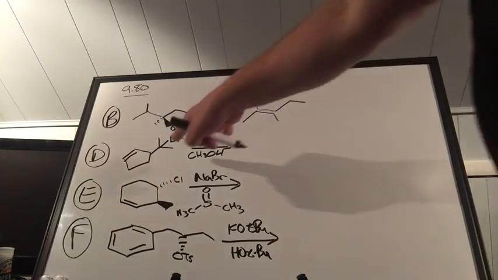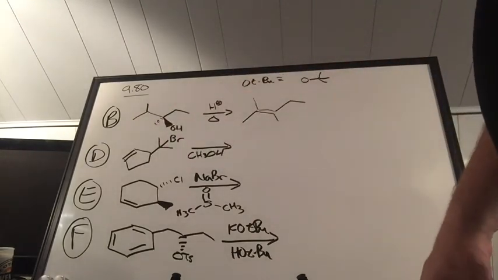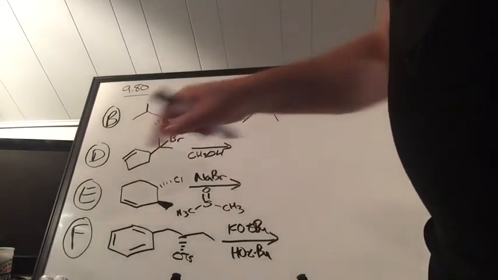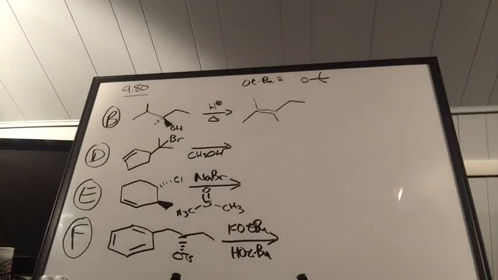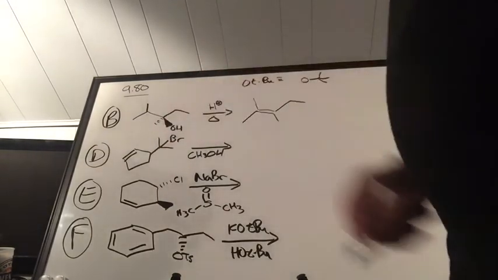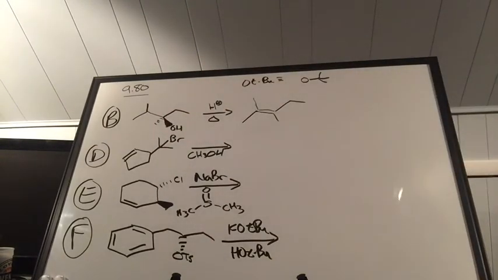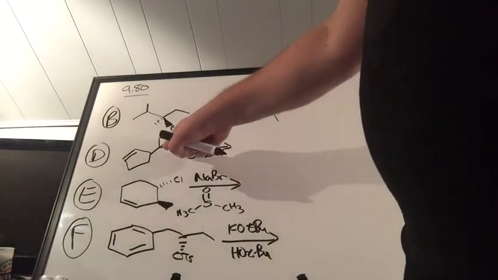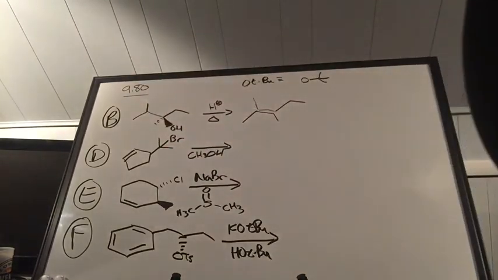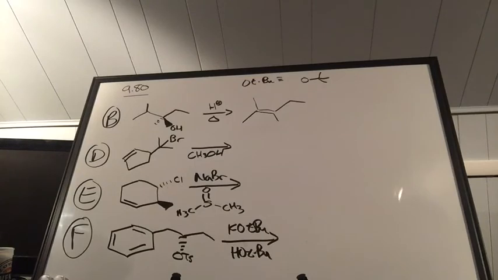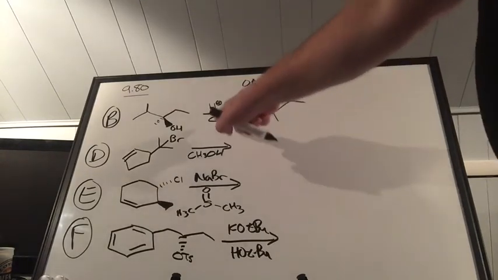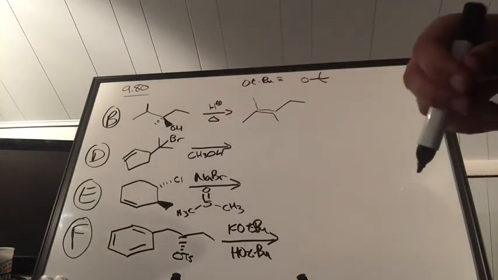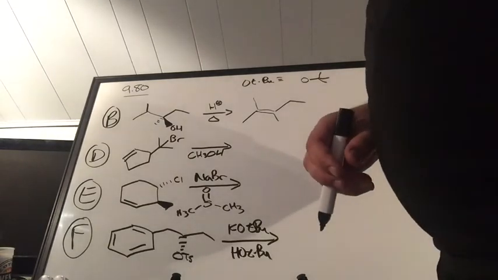Okay, for D, we have a bromo group there that's on a quaternary carbon, so if it splits off, it's going to be a tertiary carbocation, right? But can we get a more stable one? Yeah, actually we can. And since we're not applying heat here, there's going to be some kind of substitution.